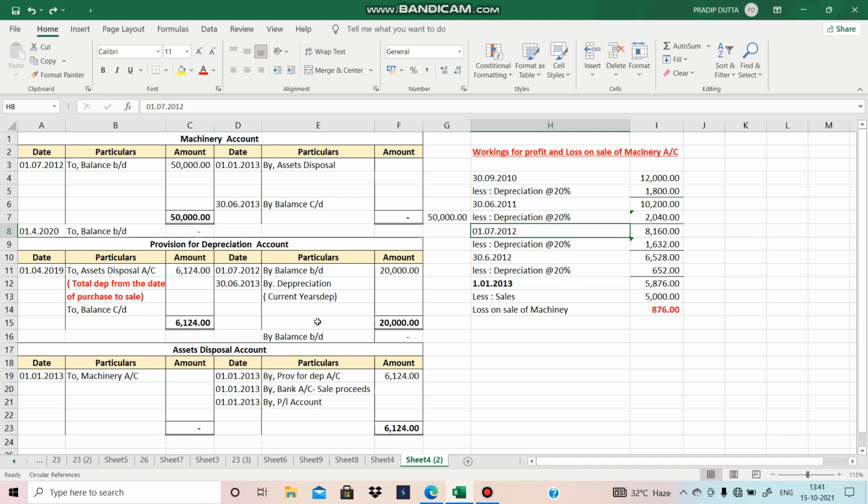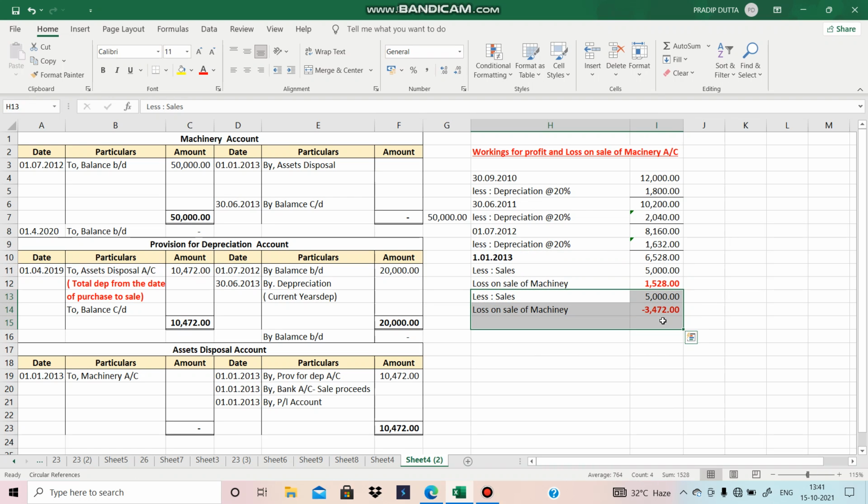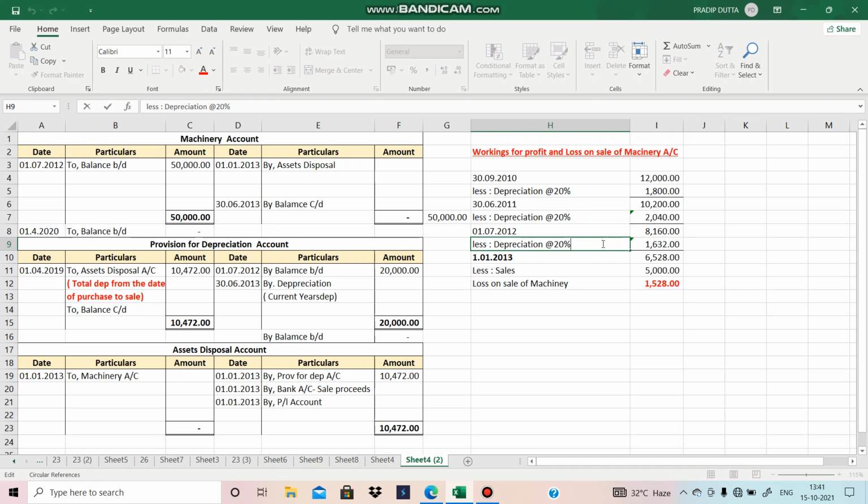Because it is from July, depreciation has to be calculated from July 2012 to January 2013, so for that year depreciation will be calculated for only 6 months.